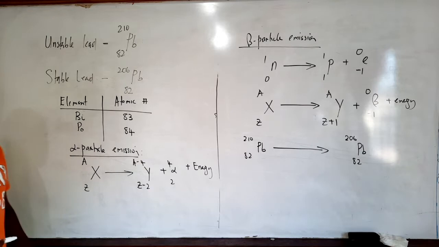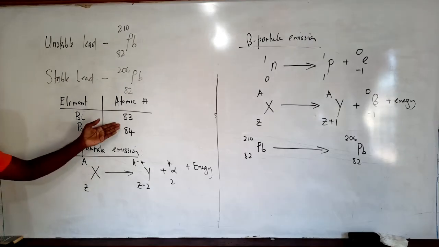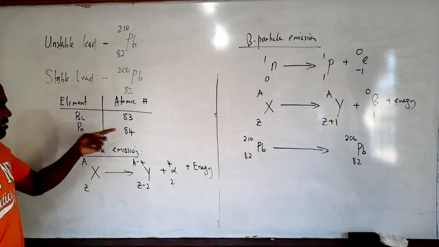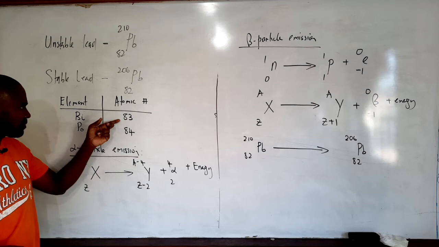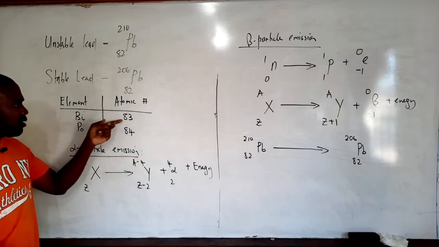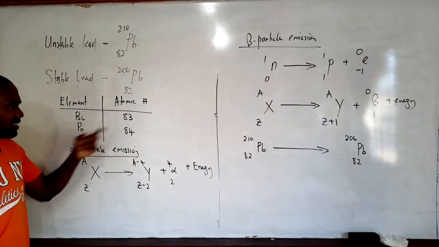Now, at some stage during the process, these elements, bismuth and polonium, will be formed. So we see that the atomic number of bismuth is 83, whereas the atomic number of polonium is 84.